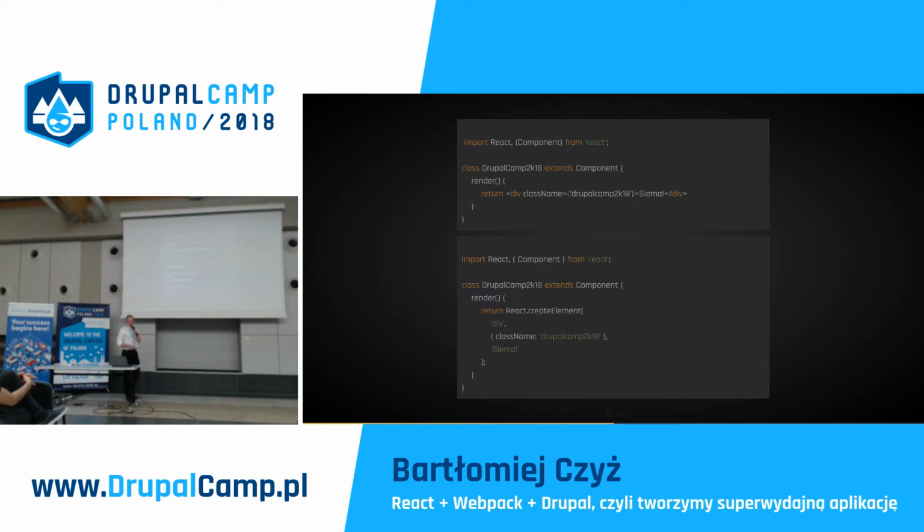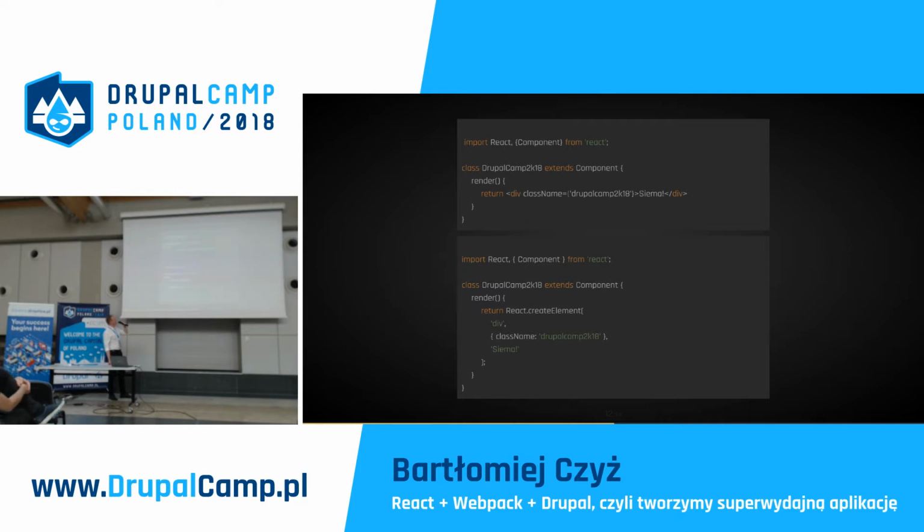This is actually not the HTML itself, because on the other code just below, you can see what it is compiled to. Because JSX is a template system, and it's being compiled to this JavaScript, as you see below.